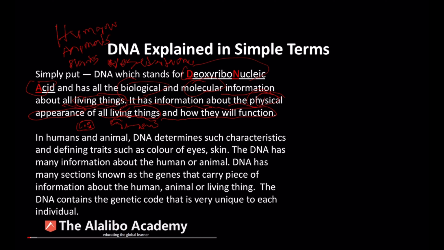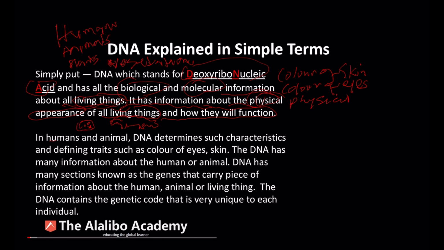So for humans, for example, it determines the color of skin. It determines the color of eyes, right? And it determines other things as well, such as maybe type of hair, size of head, perhaps size of nose, and things along those lines.